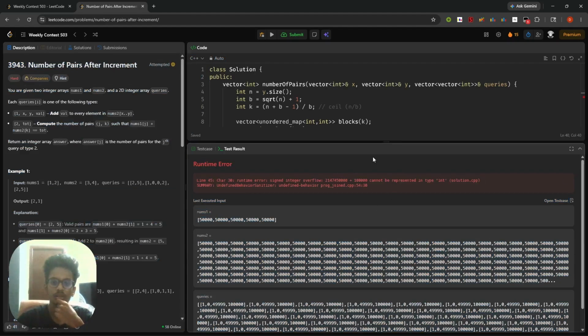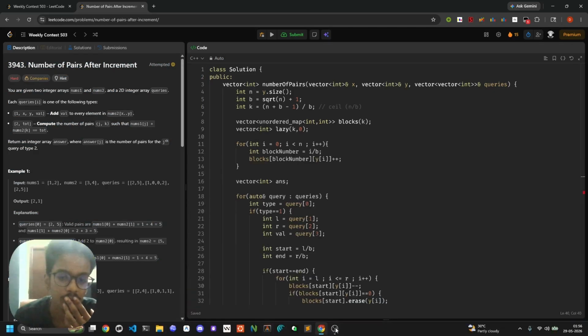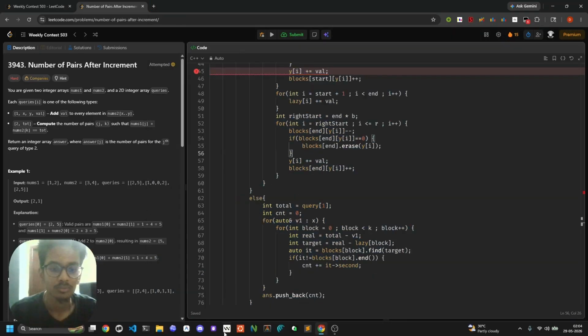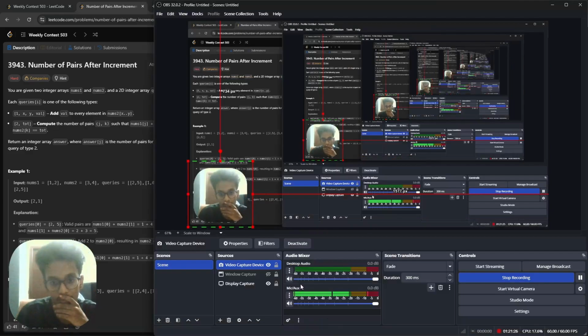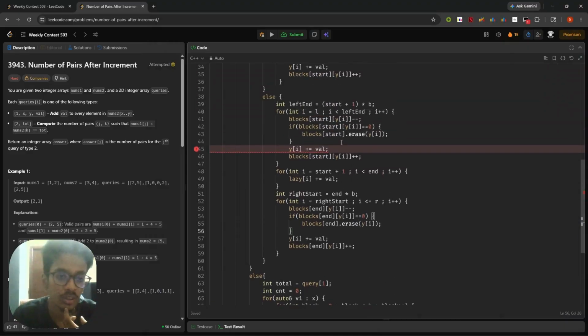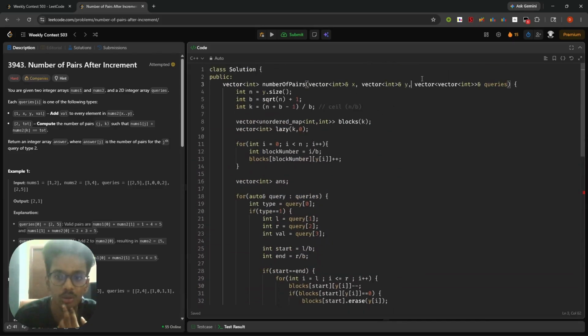Don't think so. So after a while of debugging, I think we should make this yi as long long. So let's name it something else, nums2 only.